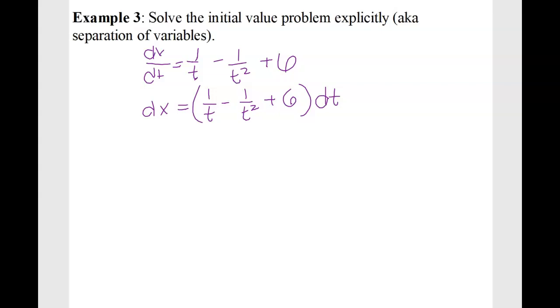At this point, I'm going to integrate both sides. The antiderivative of dx is x. So again, you want to pay careful attention to what your variables are. The antiderivative of 1 over t is not 0. It's ln.